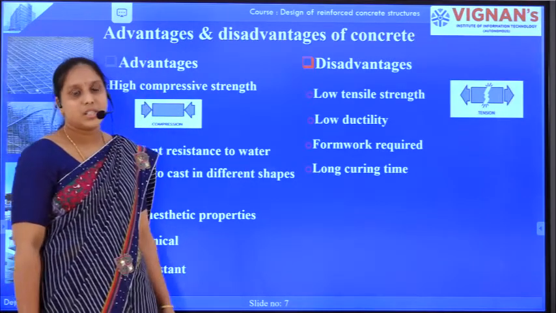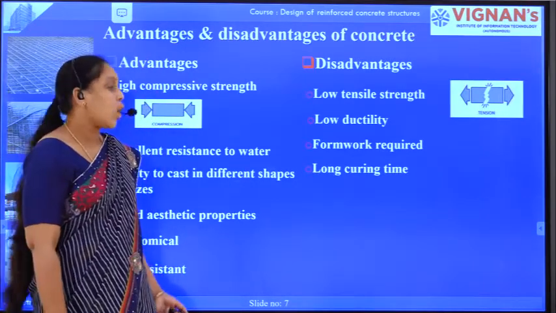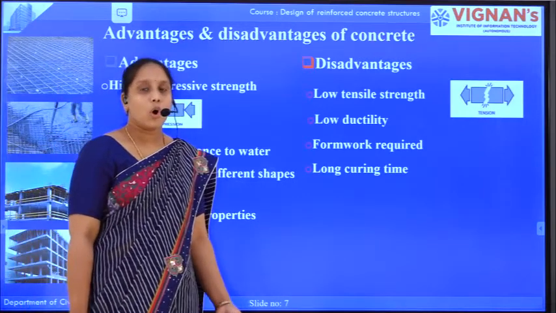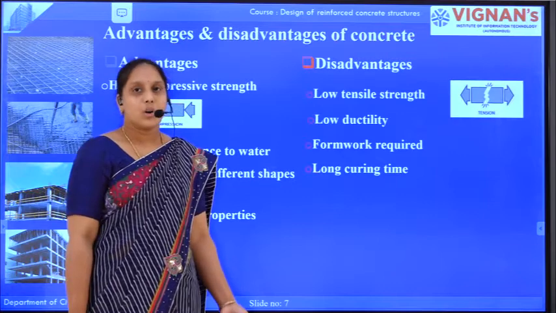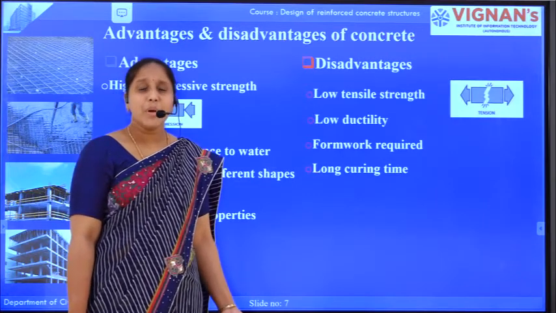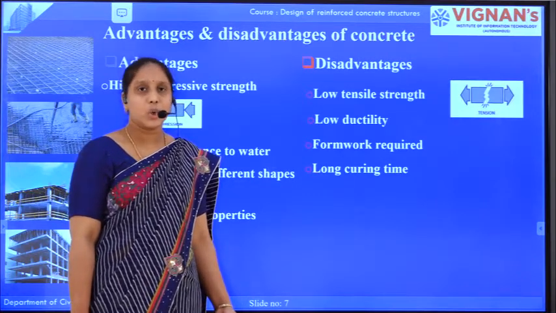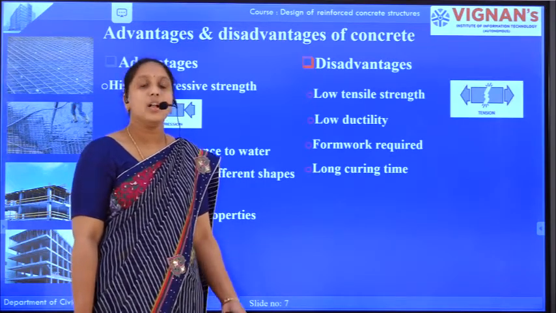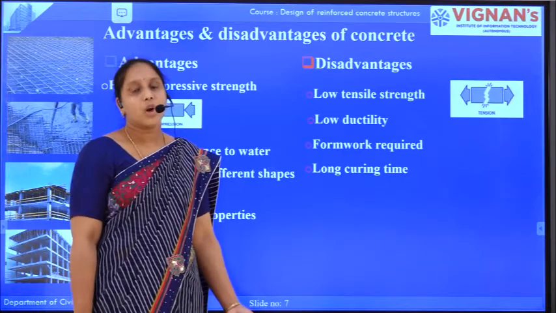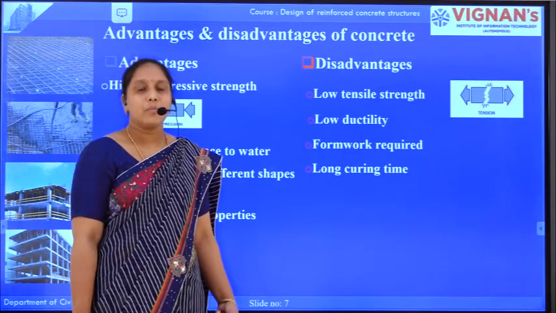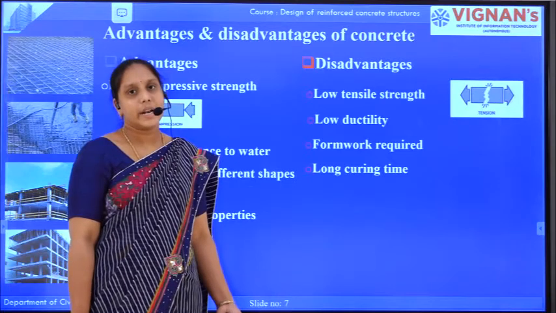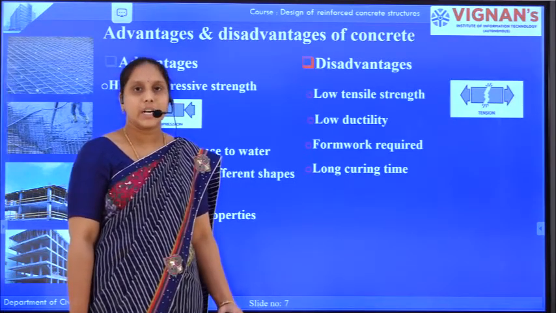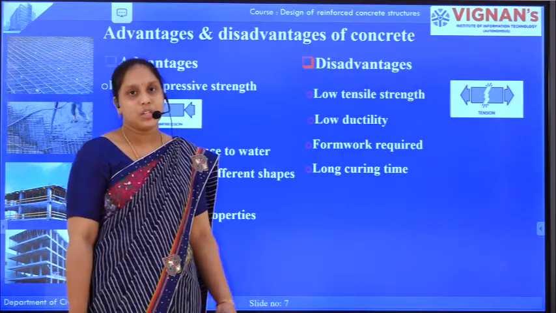And the next disadvantage is the long curing time. After the pouring of the concrete member, it cannot be directly put into use. That is, we cannot directly use the concrete structure after the concreting is done. Why? Because the concrete needs sufficient time for hardening and curing so that it can attain its full strength.